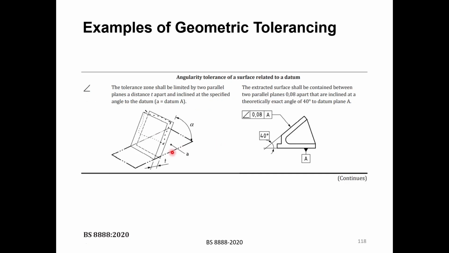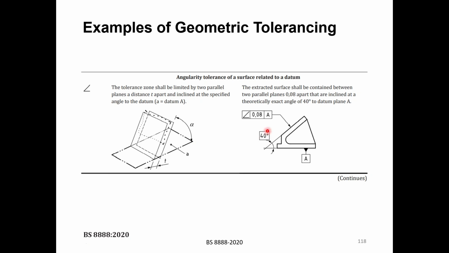Angularity, so something similar. You say here the angle of this surface should be within 0.08 relative to datum A. So if this is the bottom surface, which is datum A, and we have the angle here, what we do is, above and below this surface, we plot two theoretical surfaces with a distance between them, which is 0.08 in this case, or t, and then the angle here measured from the datum, we say that this angle is 40.